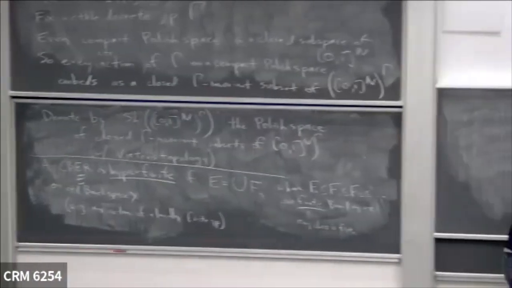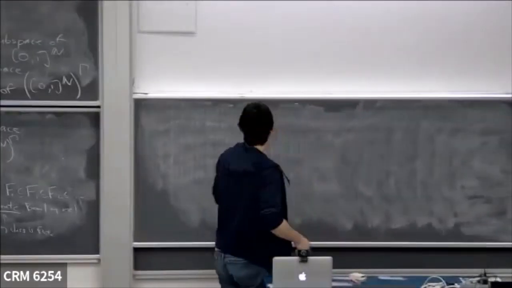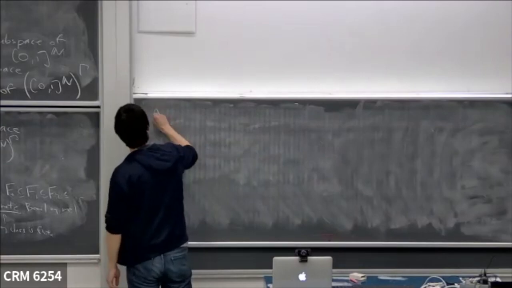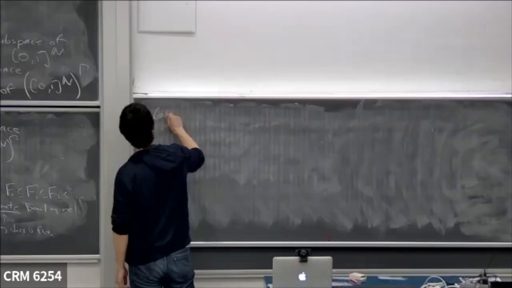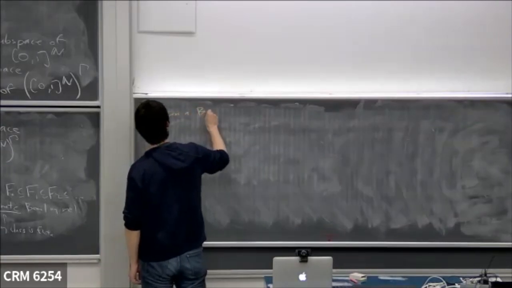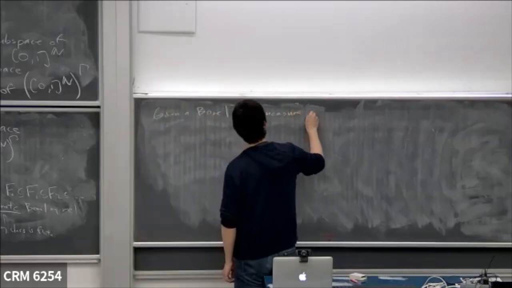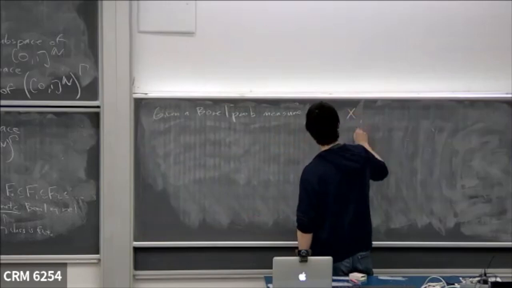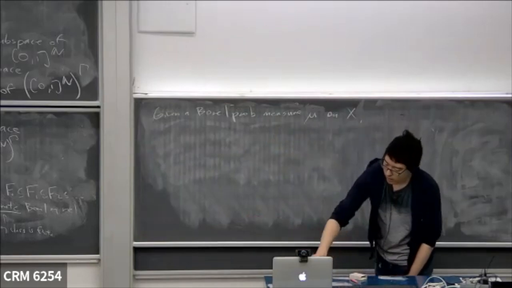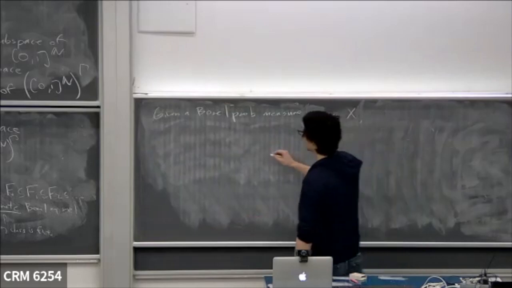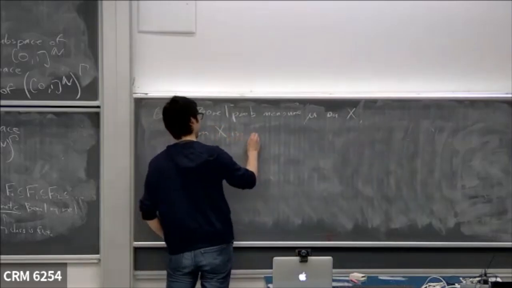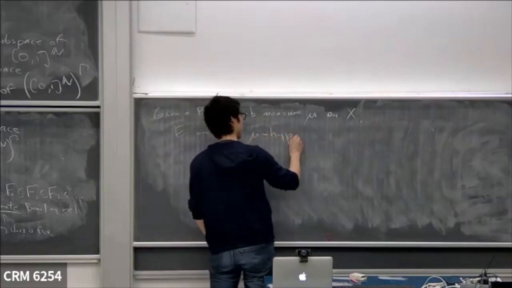But now I will define throwing away a set of measure 0. So okay, so given a Borel probability measure mu on some space X, let's see, E on X is mu hyperfinite, which came up last talk, maybe.